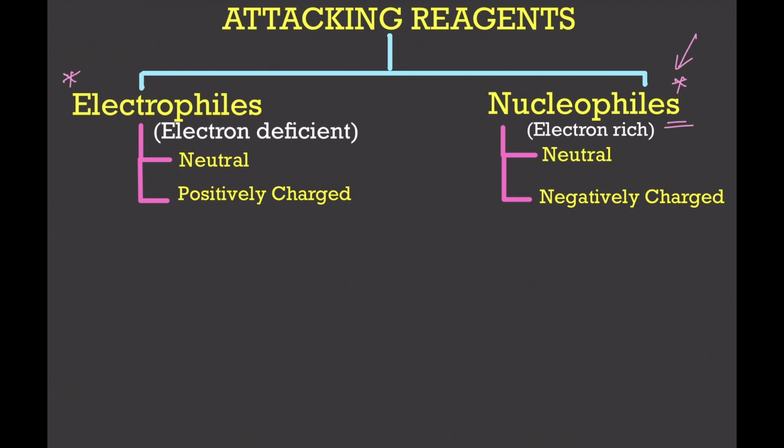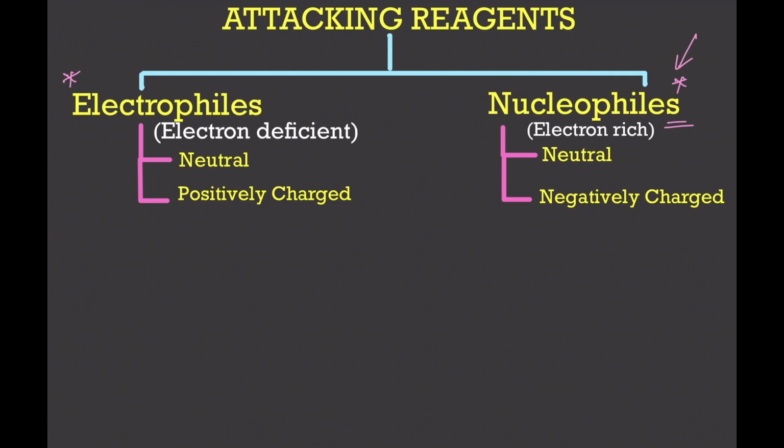They carry either a pair of electron or a negative charge with them, and so they are capable of donating those electron pairs to some site in the substrate where there is some sort of electron deficiency. So this is the basic difference between electrophiles and nucleophiles, that electrophiles are electron deficient species. They seek electron rich centers in the substrate molecule, while nucleophiles are the electron rich species and they seek the electron deficient centers in the substrate molecule.